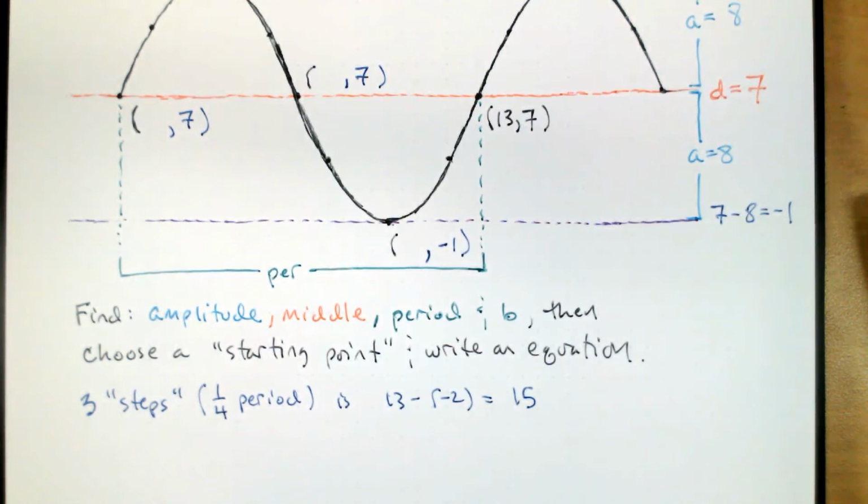So 3 quarter periods is 15. So that means 1 step, or 1 quarter period, is 5.